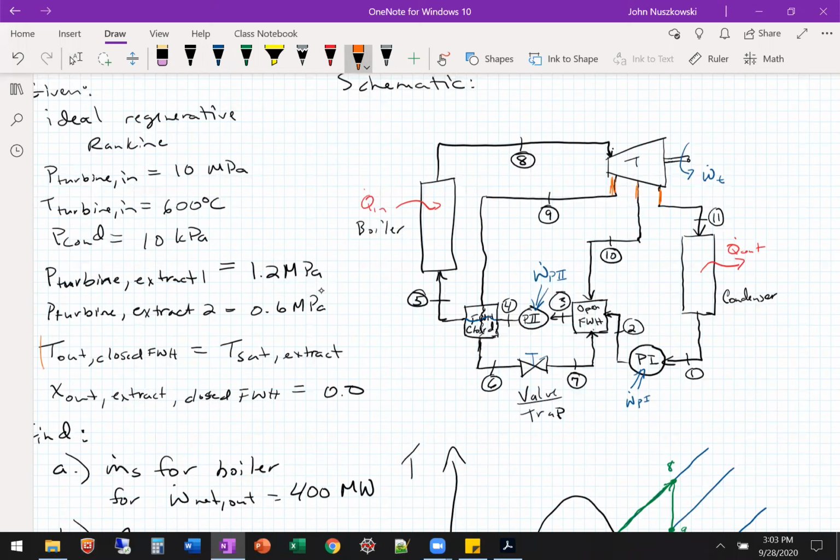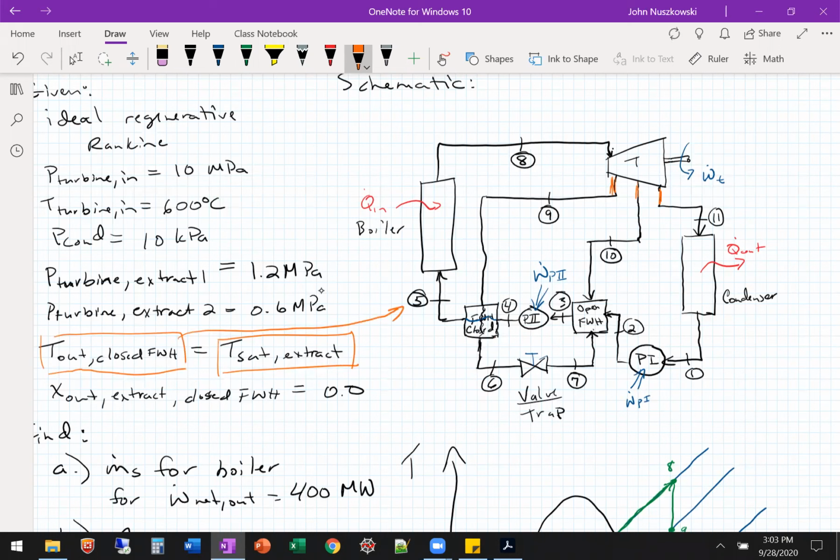We have this temperature leaving the closed water heater is equal to the saturated temperature of the extracted steam. So this is talking about state 6 for the temperature out of the closed feed water heater. Oh, no, sorry, state 5.